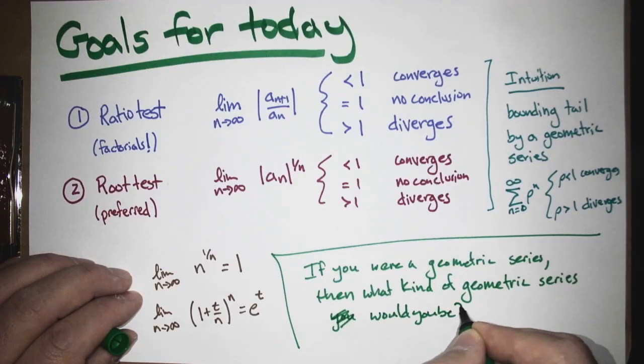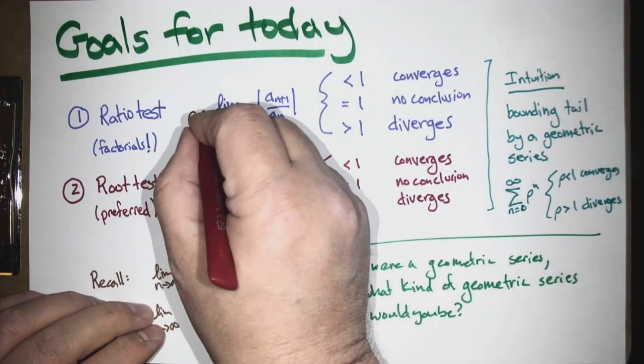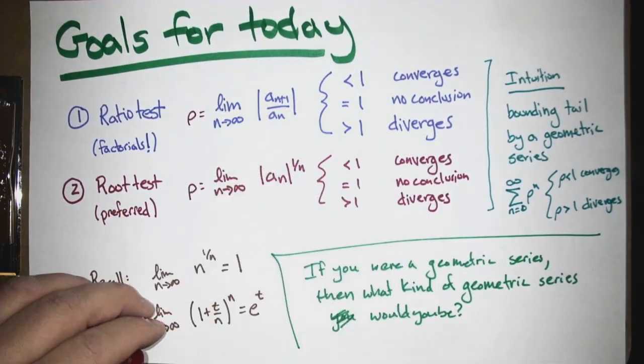We're saying, look, we're going to look at series, and we want to say, how do you behave if you were a geometric series? Now, how do geometric series work? Well, they look like the sum of something to a power. So there's this quantity called rho, and what we'll do is we'll look at these expressions in both these cases.